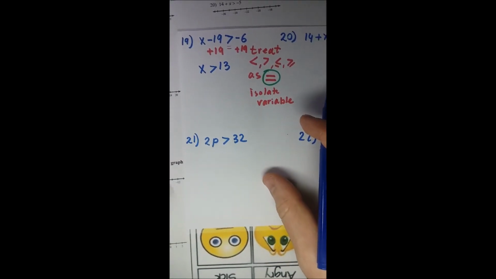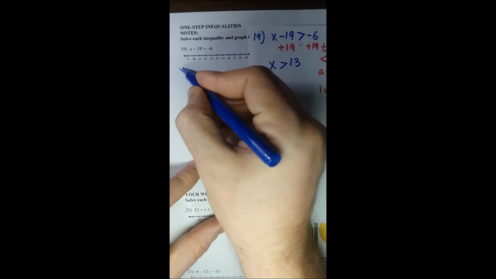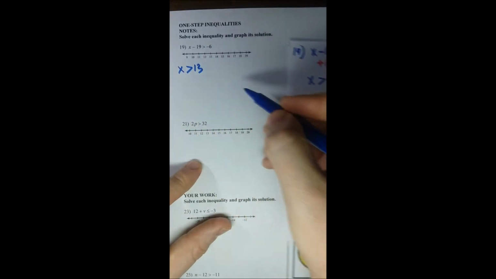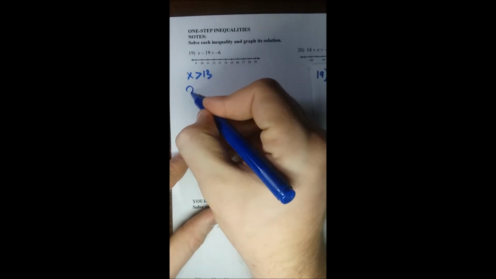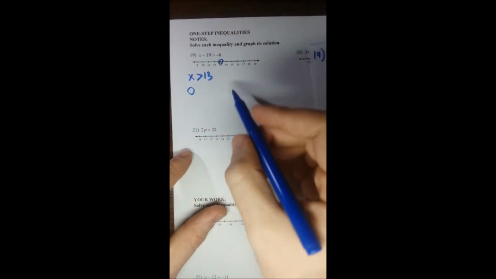So guess what I'm going to do? I'm going to go back to my graph, and since I know that x is greater than 13, I'm going to do my thing that I did in the previous examples. Open circle, because it's a strict inequality. At 13, I'm going to put my circle, and guess which direction I'm going to shade?